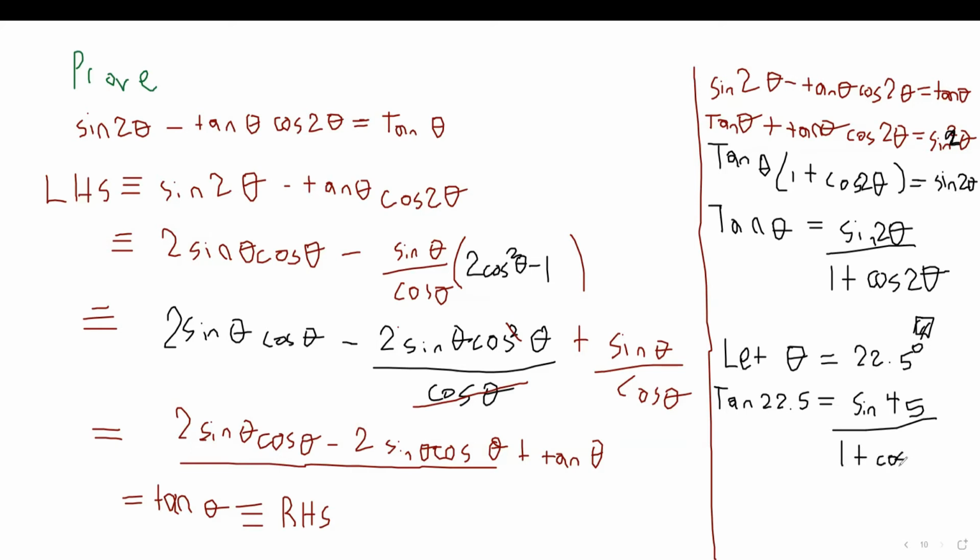So tan of 22.5 is equal to sine of 45 over 1 plus cos of 45. And we're going to simplify this expression.